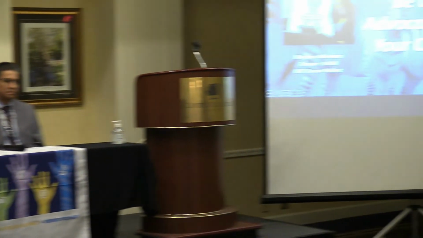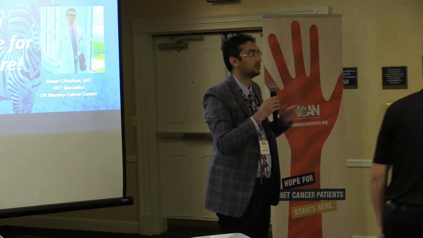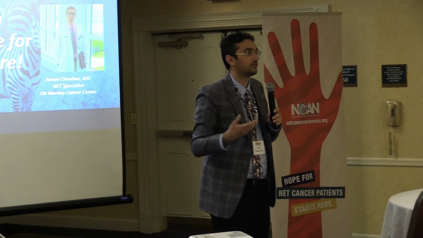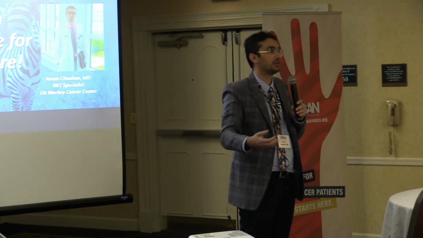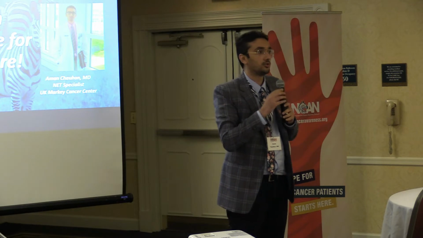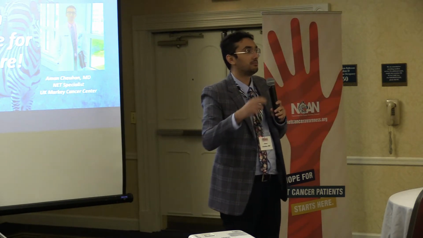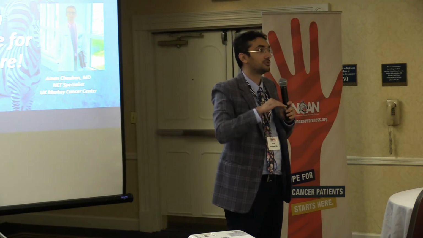It's such a huge game changer, partly because neuroendocrine tumors are what we call cold tumors. They're not very immunogenic, so they don't elicit the immune response that we see in melanomas, bladder cancers and non-small cell lung cancers. So the next generation of immunotherapy-based studies are looking into making these supposedly cold tumors hot.